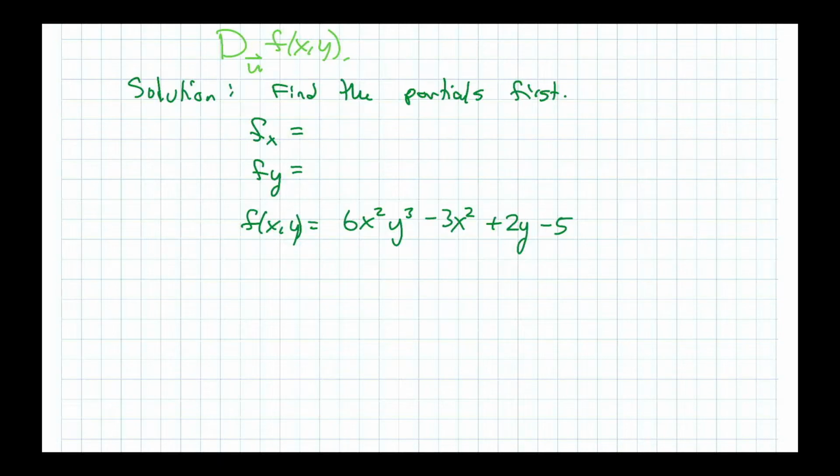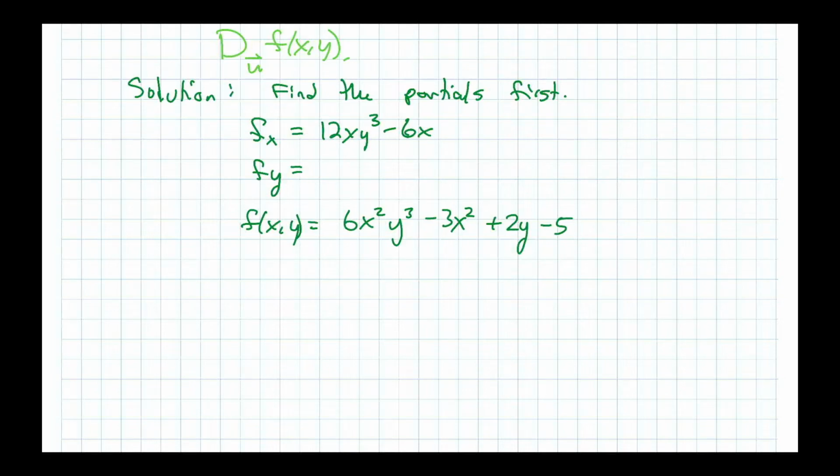All right, so we're doing a partial with respect to x first. So we're treating the y as constants. So the derivative of 6x squared, of course, is going to be 12x. And the y cubed is just carried along. So 12x y cubed. The derivative of negative 3x squared is going to be negative 6x. And nothing else has an x, so that's the end of that derivative.